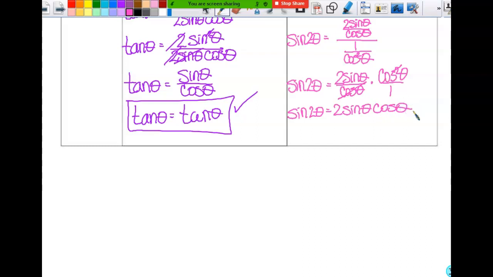Does that look familiar? Yes, you can go look on there, and that is sine 2 theta. So sine 2 theta equals sine 2 theta, and we are done. Okay. What questions do you have? Anything?